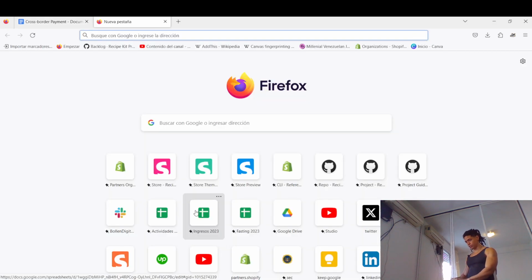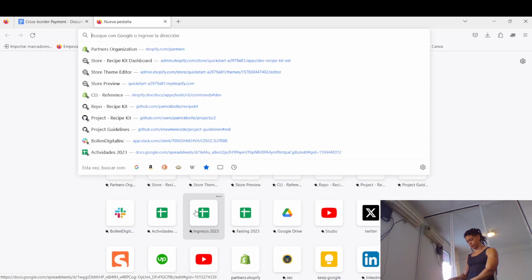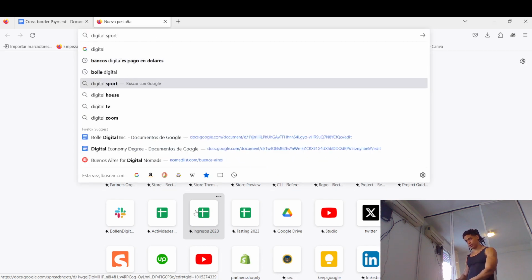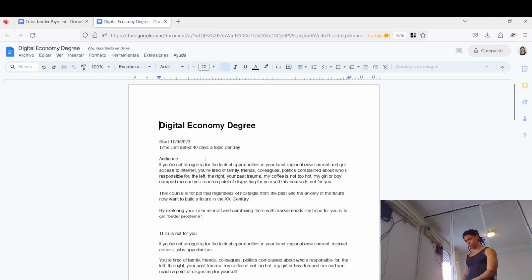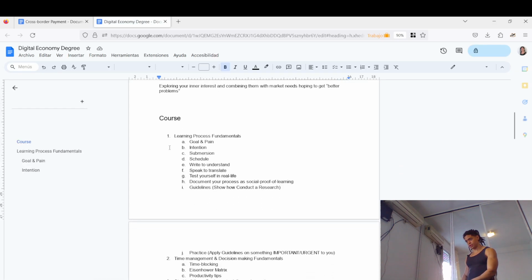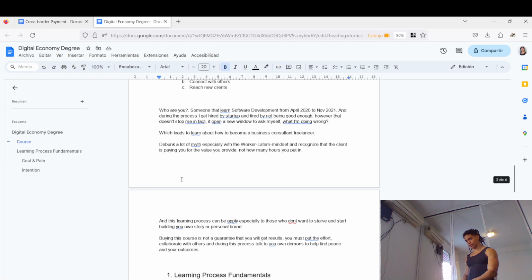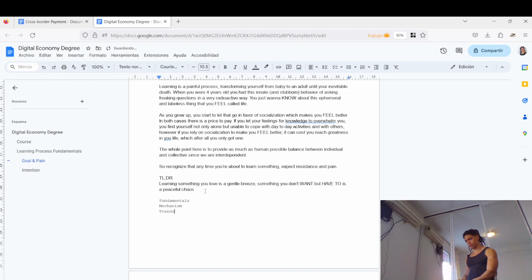Okay, so if I go back here to my learning, especially to the digital economy degree, on the goal on the pin, like that. Okay, the learning process is this.